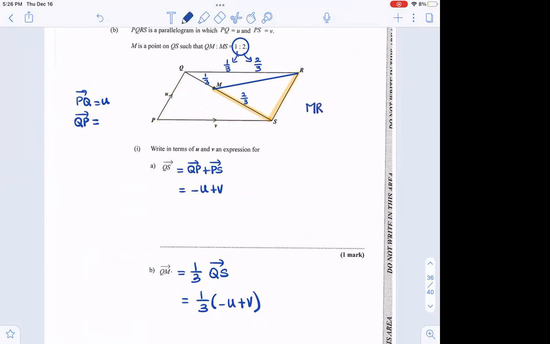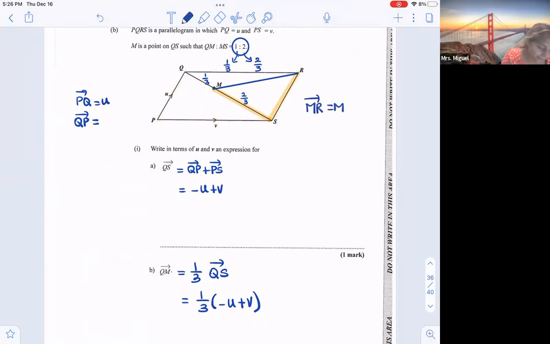MR is the vector MS plus SR. Since this vector is traveling in the same direction as PQ, this vector would also be U. So this is 2/3 MS plus SR here.